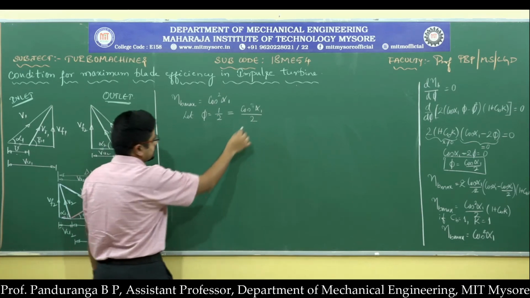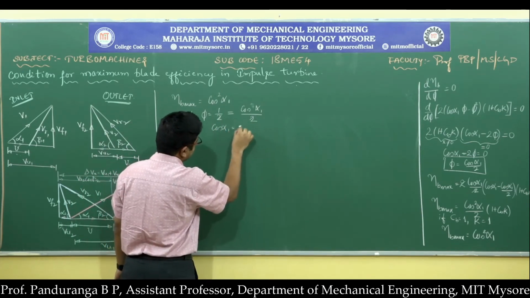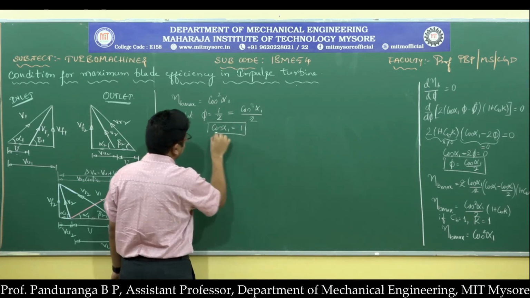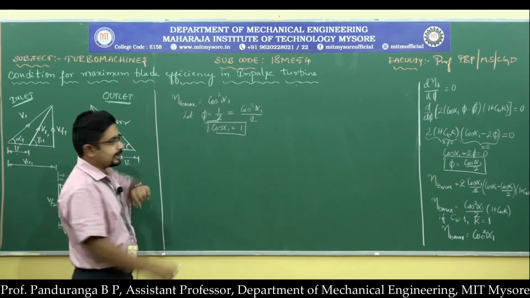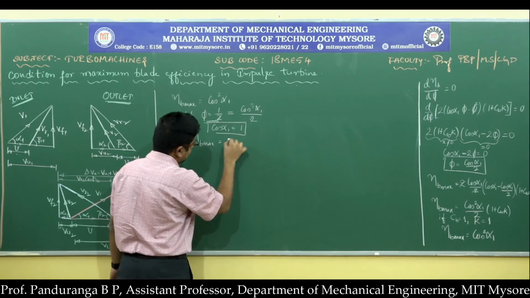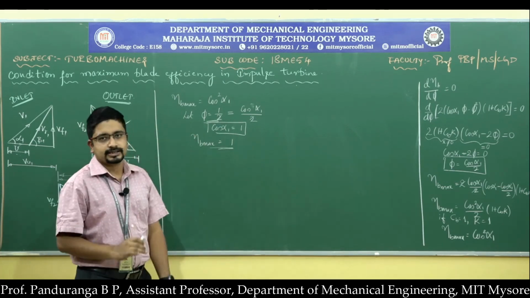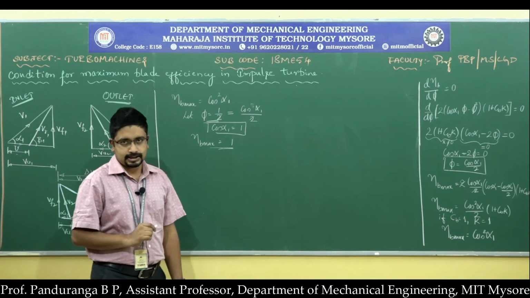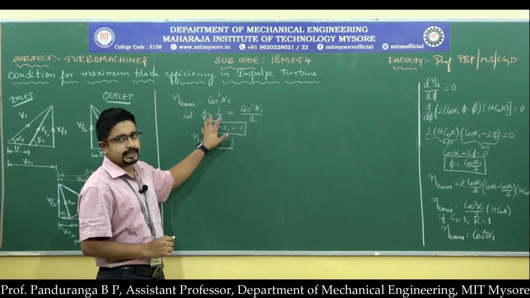So 2 will get cancelled here. So cos alpha 1 will be equal to 1 when phi is half. Okay, if I substitute that here, I will get eta b max will be equal to 1 squared, which is 1. This is the absolute maximum efficiency which we can achieve, and this we have achieved when phi is half.